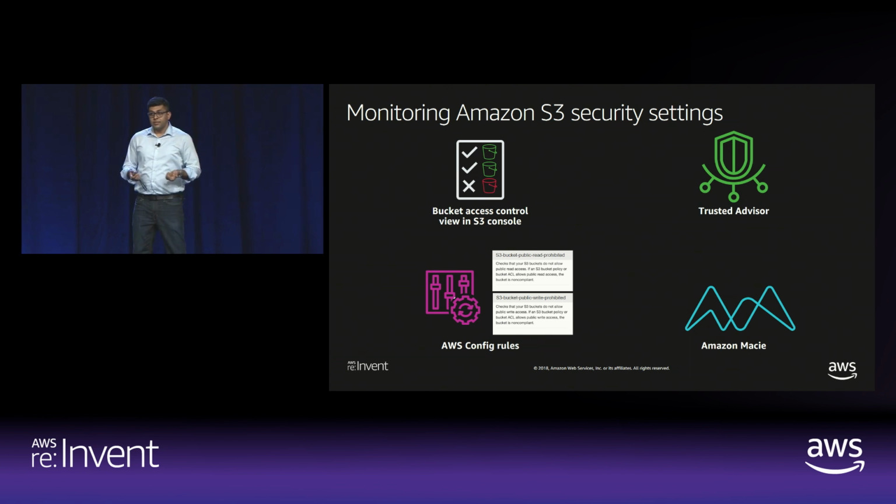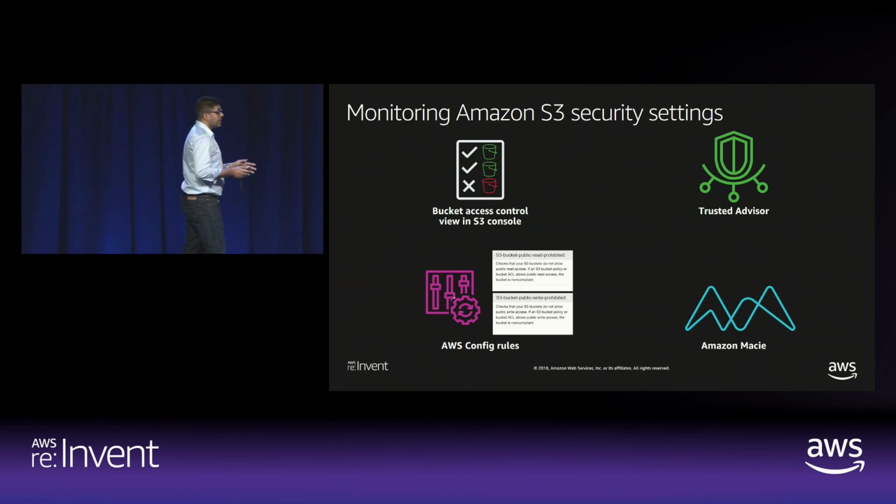Similar settings you can check for free by using AWS Trusted Advisor. It's in the console, where the free bucket permission checks tell you whether your bucket has open ACLs, provides read access, write access, or if your policy is granting public access or not.